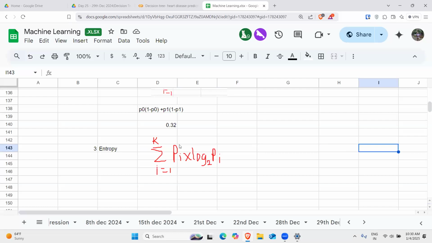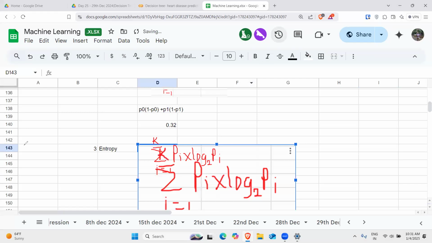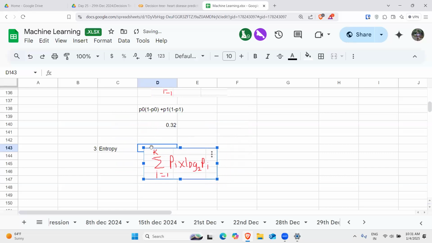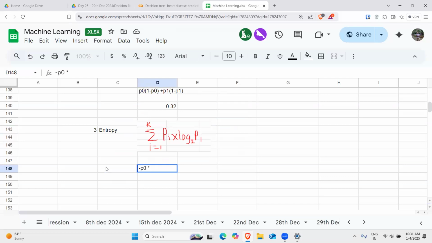Now, if I just take a screenshot of this and paste it over here, and put this in the formula, my entropy becomes minus probability of 0 into log of probability of 0, minus probability of 1 into log of probability of 1, right?